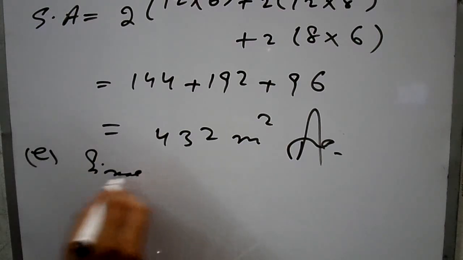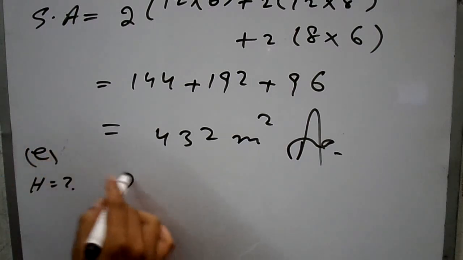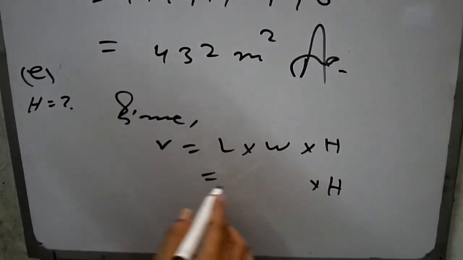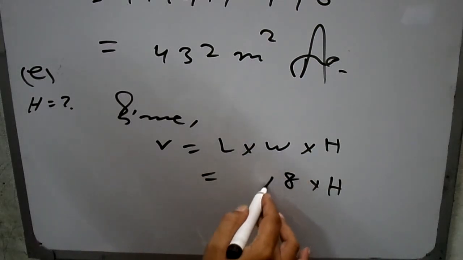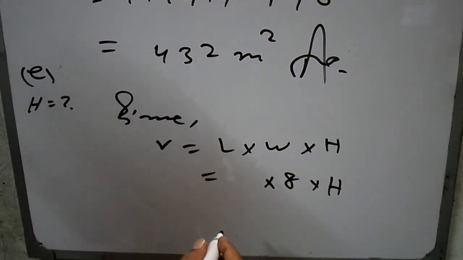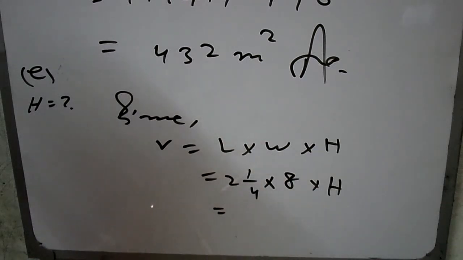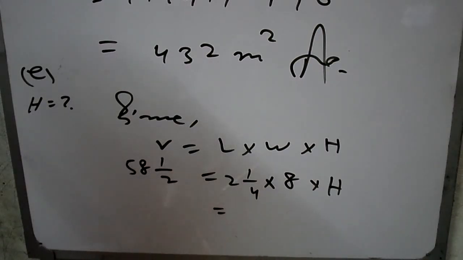Since we have to find height, so since we have formula that is length width into height, so we have to find height, leave as it is. So width is 8 and length is 2 whole 1 by 4, and volume is given to us, that is 58 whole 1 by 2.